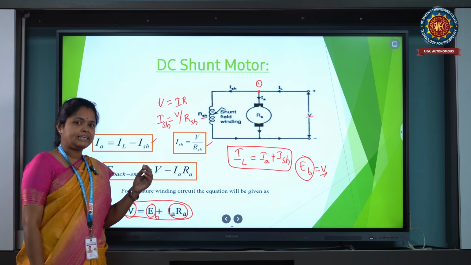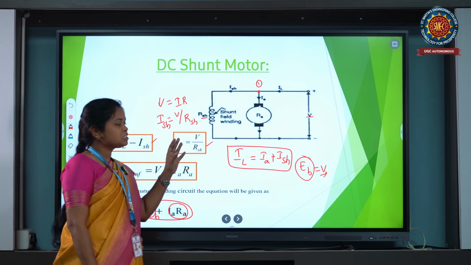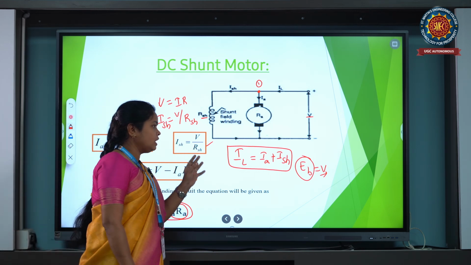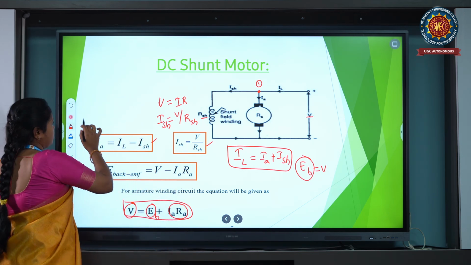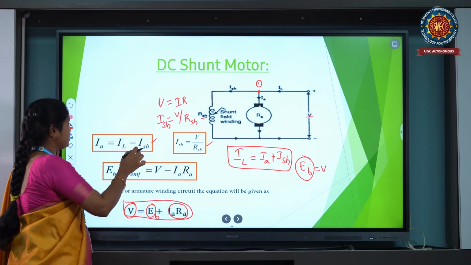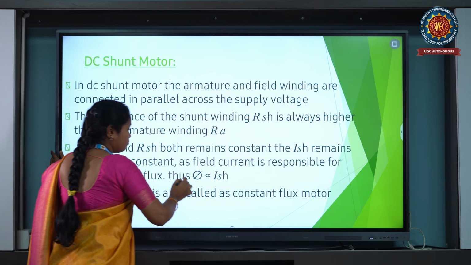And also, the important point of the shunt motor is that the flux produced in this motor is constant. So it is called a constant flux motor. Why?